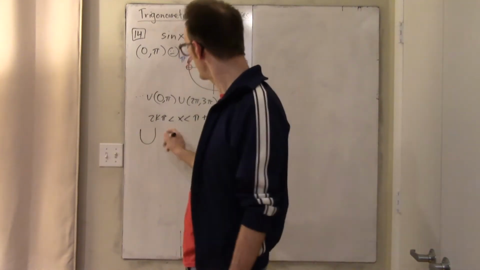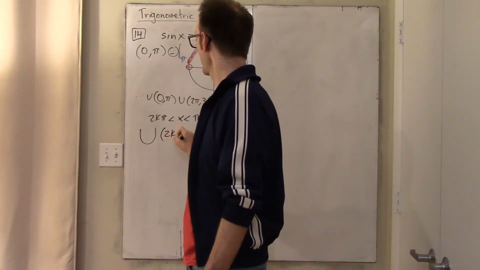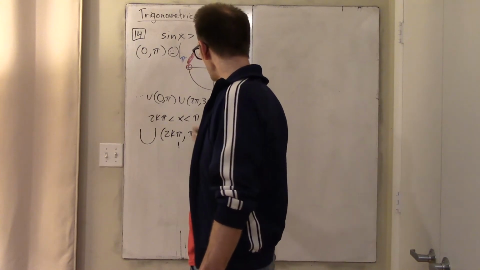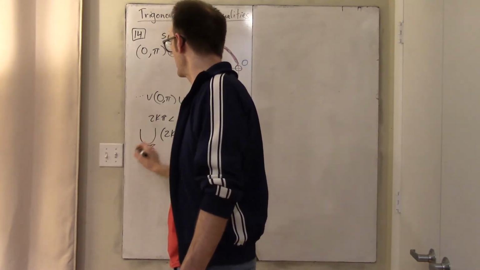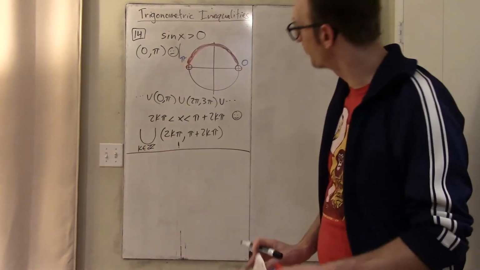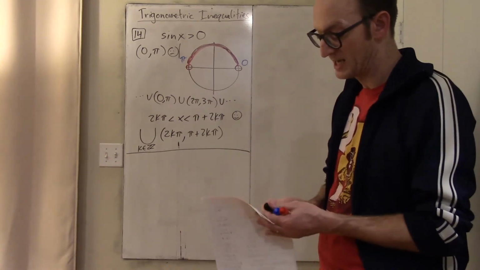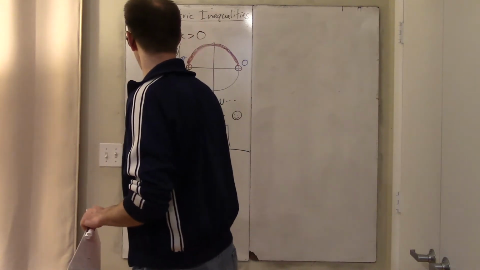We can say it's the union of a bunch of intervals, each of which is of the form 2k pi to pi plus 2k pi. And we union among all the integers, so this is like the index of the union. Alright, so this is maybe an overly fancy final answer, but there it is. This is maybe the best way of answering this problem.